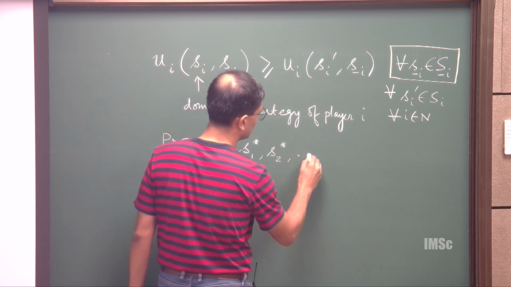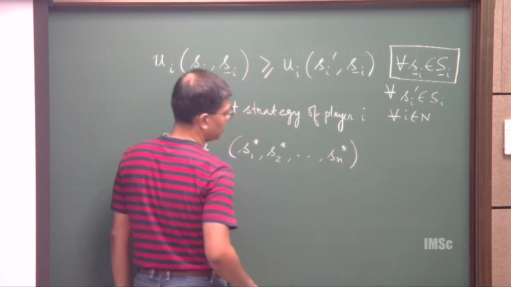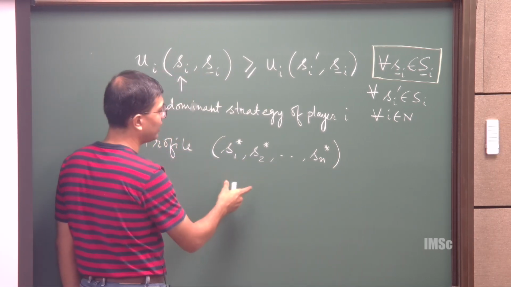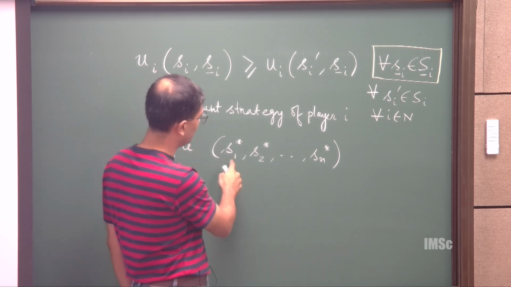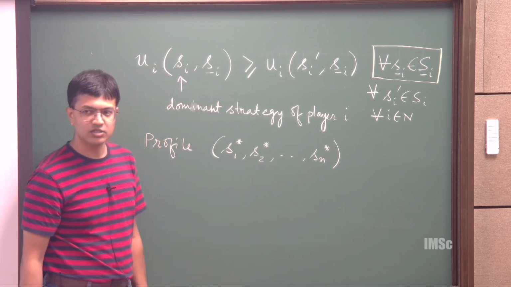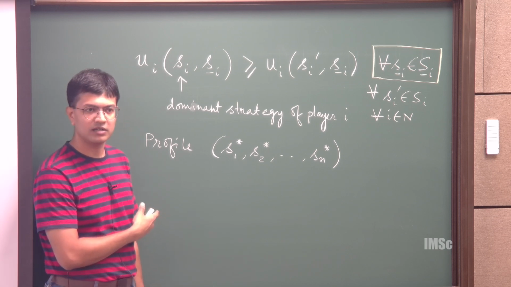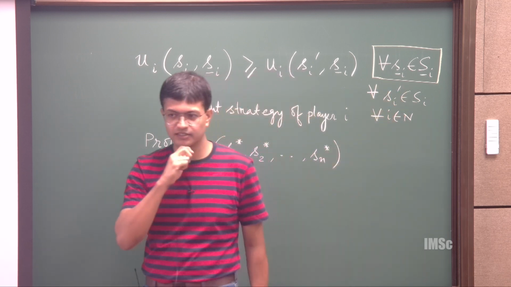Suppose we have n players; in this case, n is equal to 2. So if you happen to get a profile where S_i star is a dominant strategy for every player, for every agent i, what is that kind of a profile called? So this is dominant strategy.